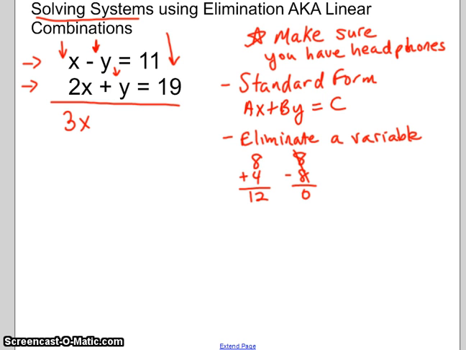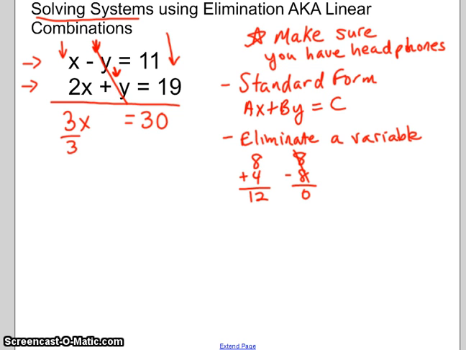We have negative y and positive y, those are eliminated when we add straight down. And 11 and 19 equals 30. All we did was combine the x's, combine the y's, and combine the two numbers straight down.